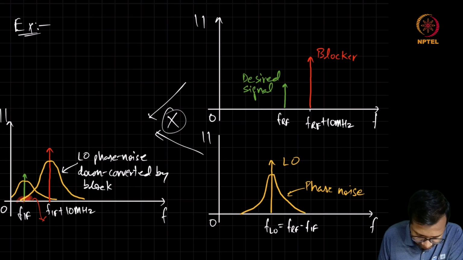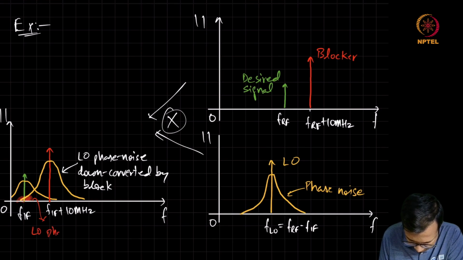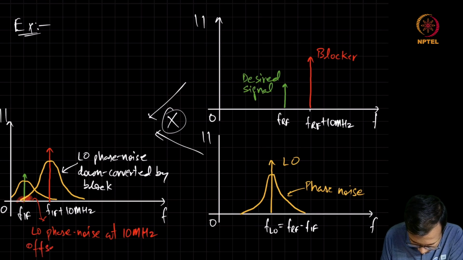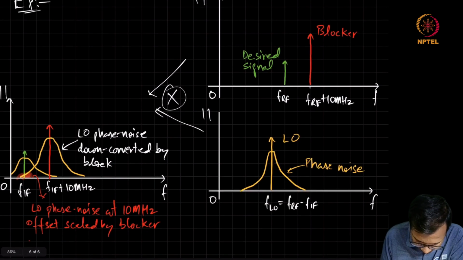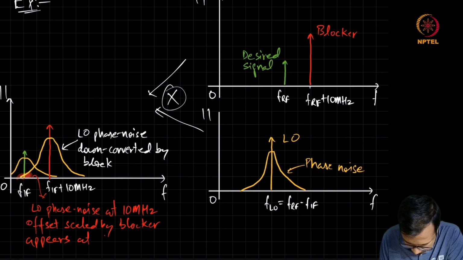You can see the LO phase noise at 10 megahertz offset is scaled by the blocker and appears at FIF.